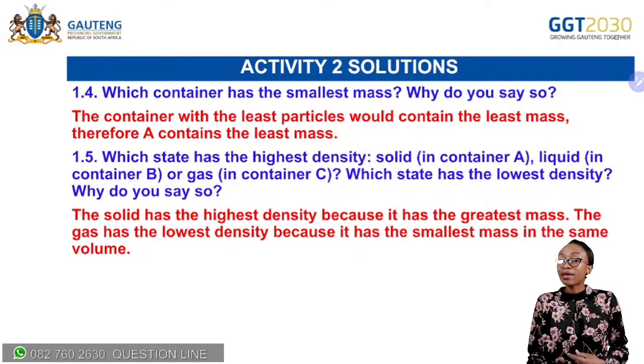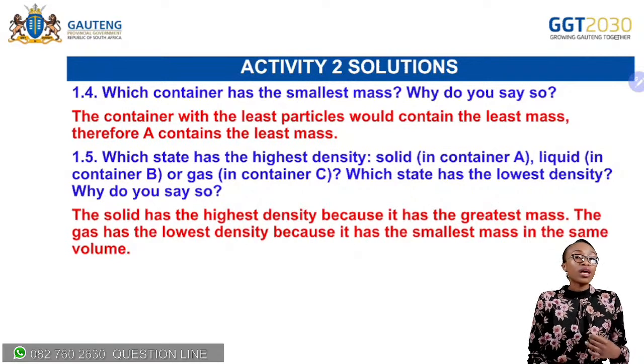While judging by the mass, the gas has the lowest density because it has the smallest mass. We have confirmed already that container A has the smallest mass because the number of particles is actually the least.